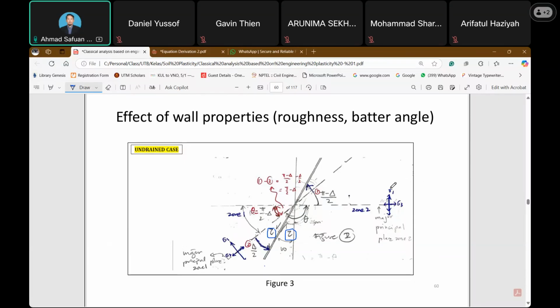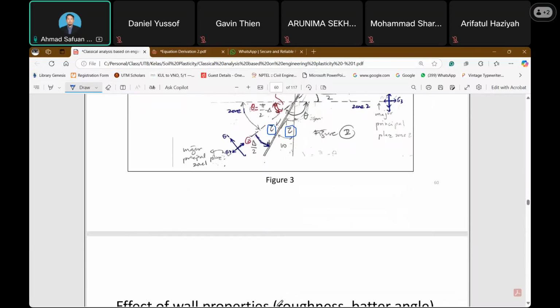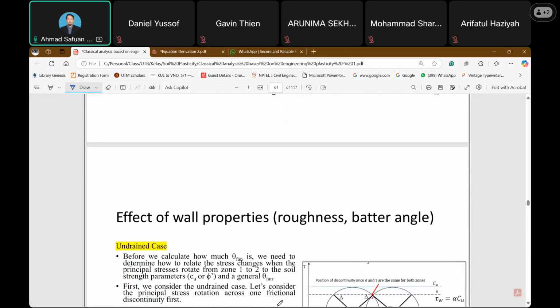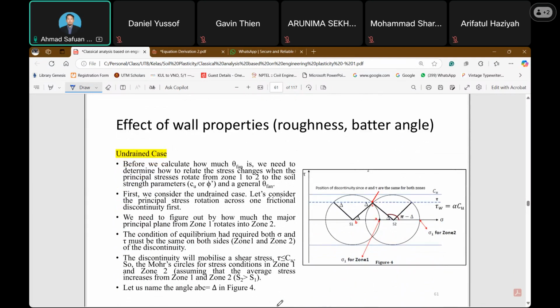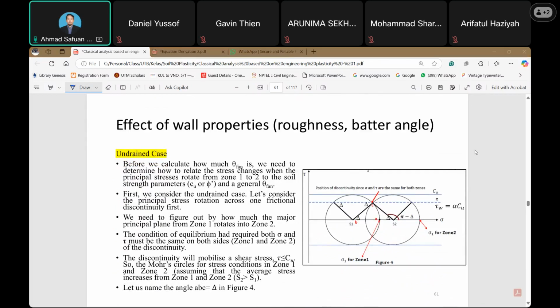Before we discuss this diagram, we should look at the Mohr circle diagram. These are explanations on the Mohr circle diagrams. Definitely zone 2 is higher, due to the depth being larger compared to zone number 1.